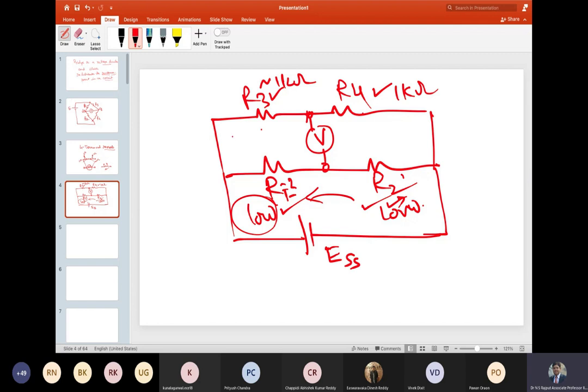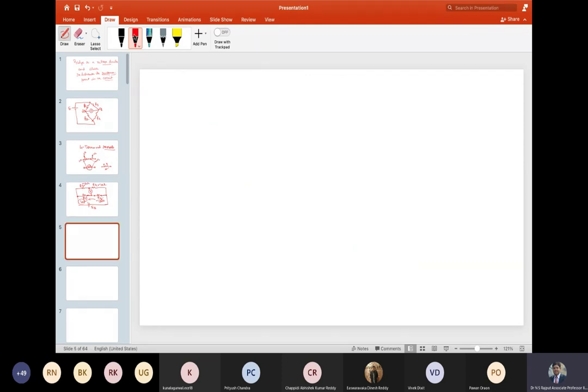Now you see, if this is low and over here you are adding some internal resistance, what kind of resistances are getting introduced? So let us see.